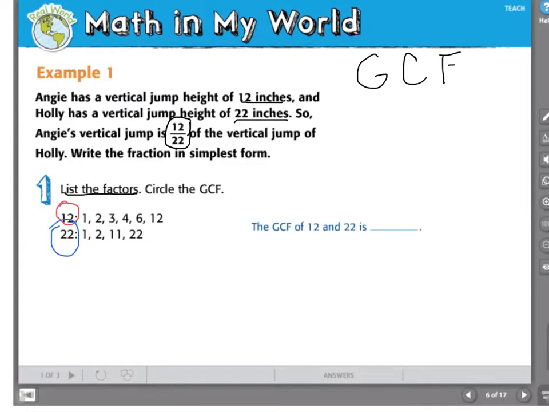And for 22, all the numbers that divide evenly into 22 are 1, 2, 11, and 22. So we can see here that the greatest number that we find on both lists is 2. The GCF of 12 and 22 is 2.